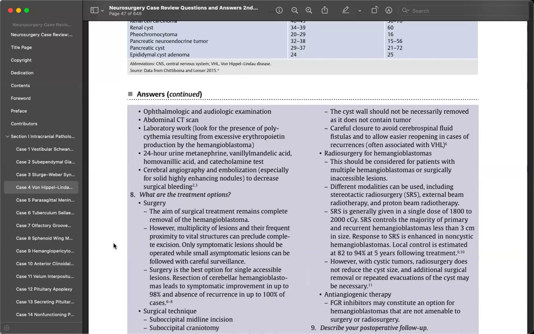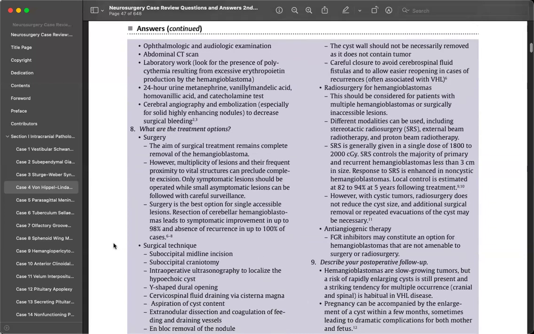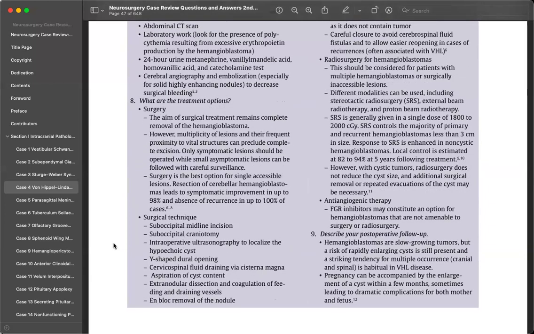So, the surgical technique for this case can be a suboccipital midline incision and suboccipital craniotomy, intraoperative ultrasound scan to localize the hypoechoic cyst, a wide Y-shaped dural opening, cervicospinal CSF drainage via the cisterna magna in order to allow for brain relaxation, aspiration of cystic content, extranodular dissection and coagulation of feeding and draining vessels, and then en bloc removal of the nodule.